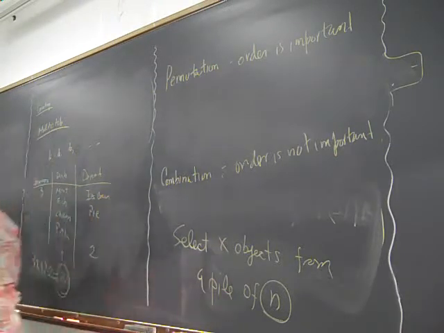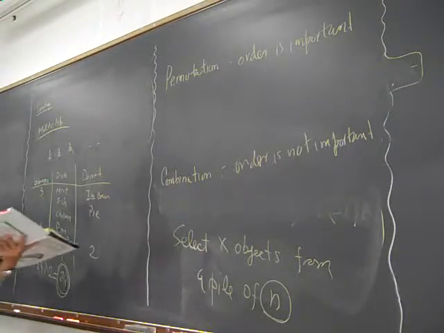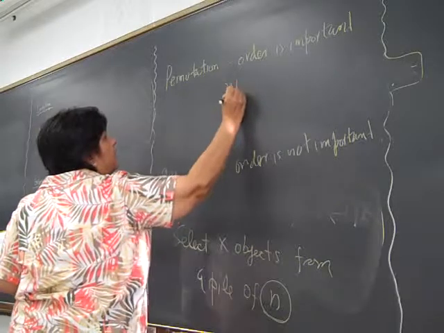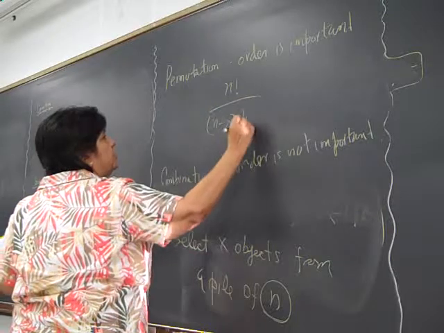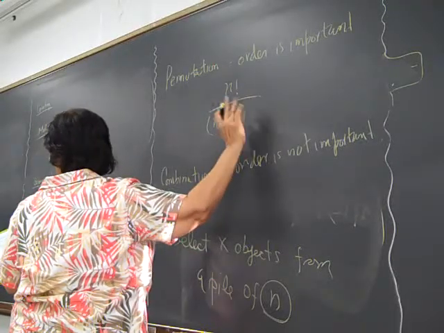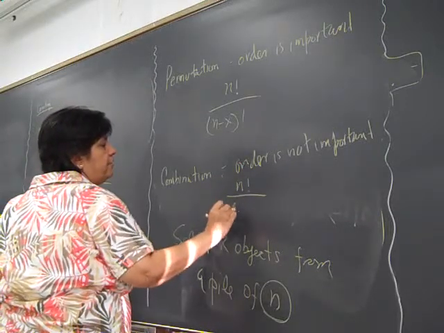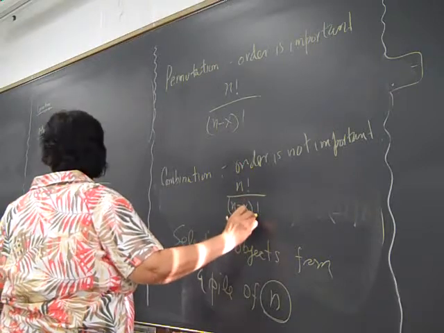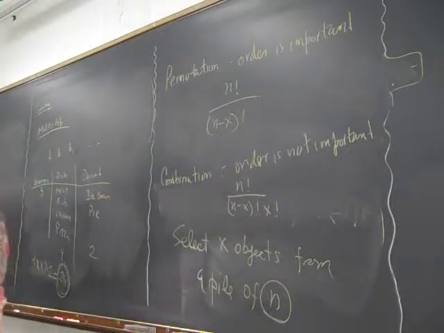Okay? For permutations, the formula is n factorial divided by n minus x factorial. In combinations, the formula is n factorial divided by n minus x factorial times x factorial. Okay, what is factorial?